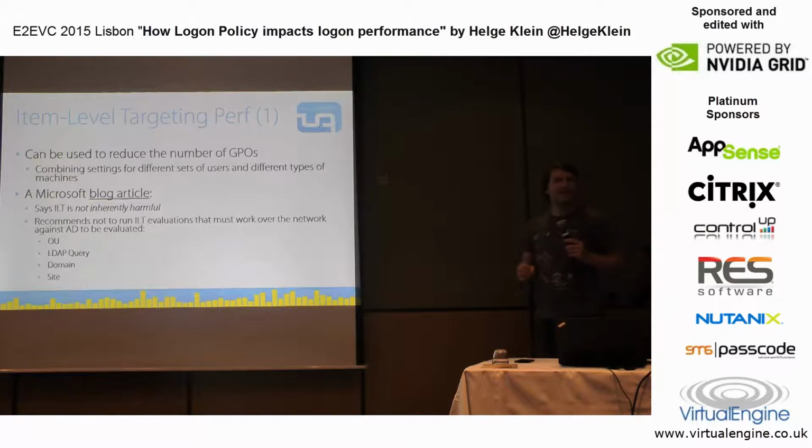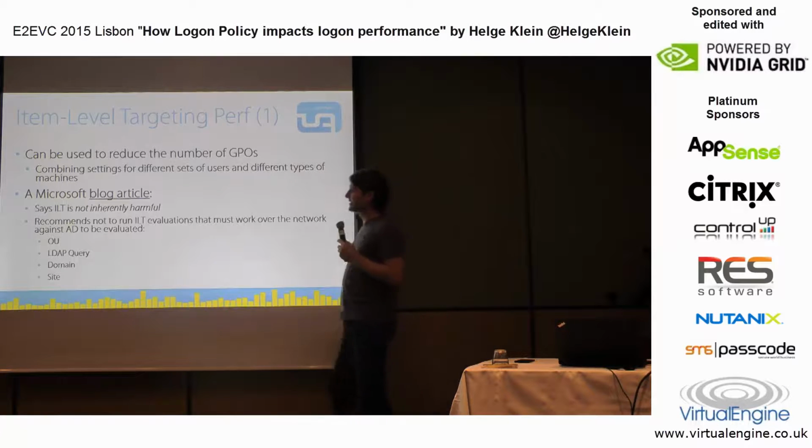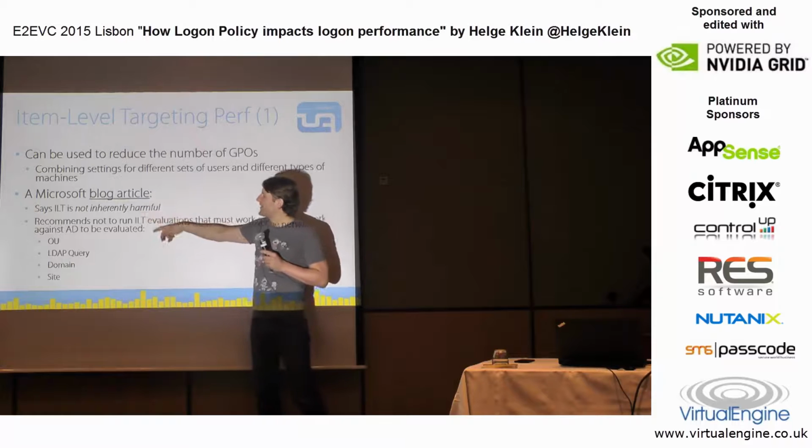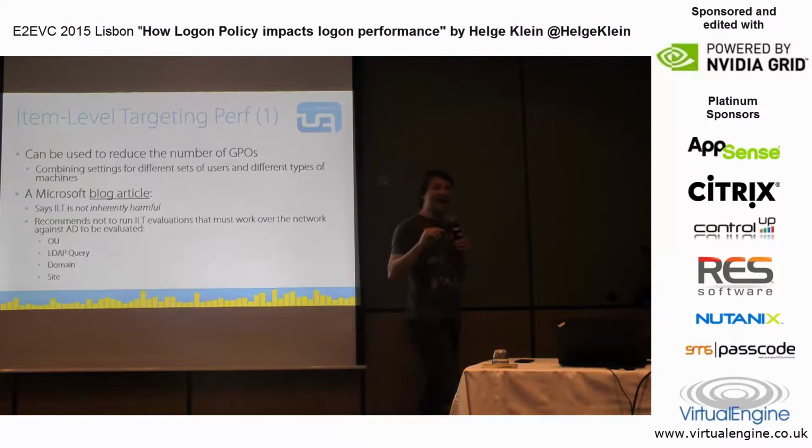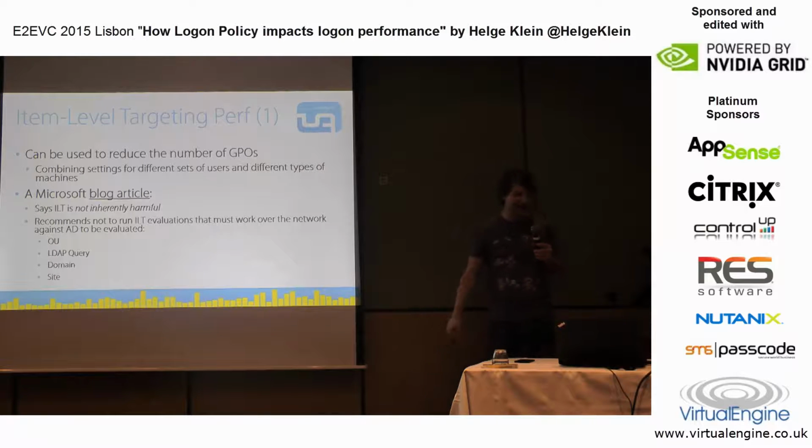But these filters, of course, take time to run, and there's an interesting Microsoft blog article, there's a link behind this, that says item level targeting is not inherently harmful. So in other words, it's not always evil as hell. But that is kind of an overreaction, and it is the Microsoft guy who said that.